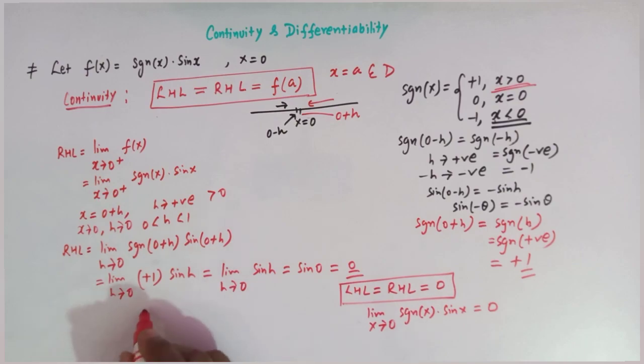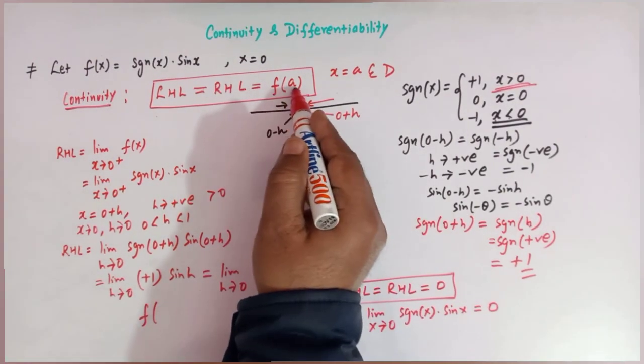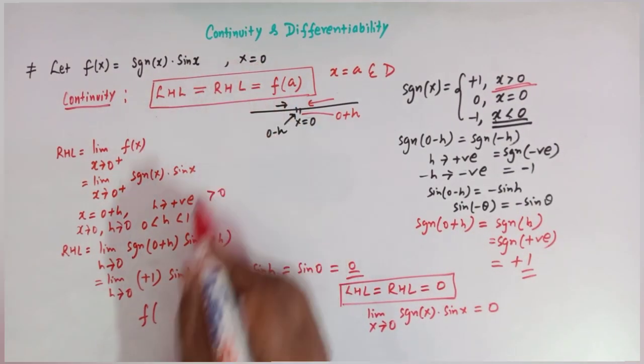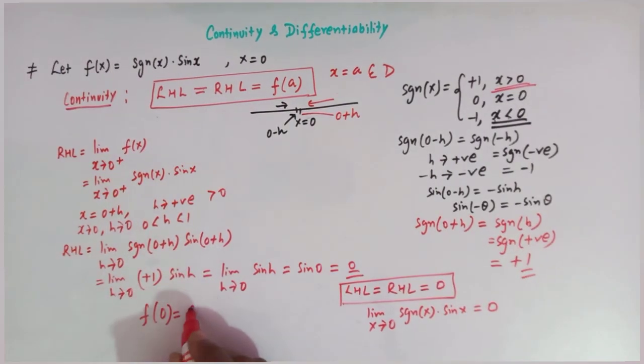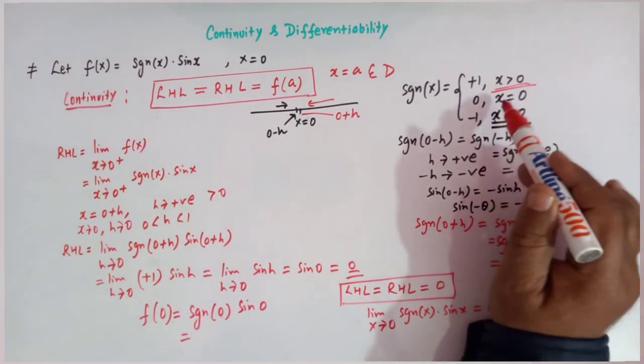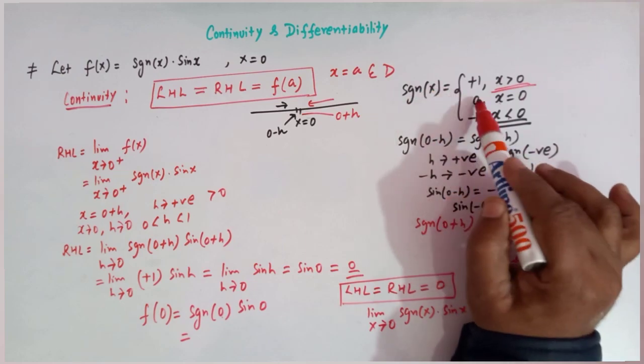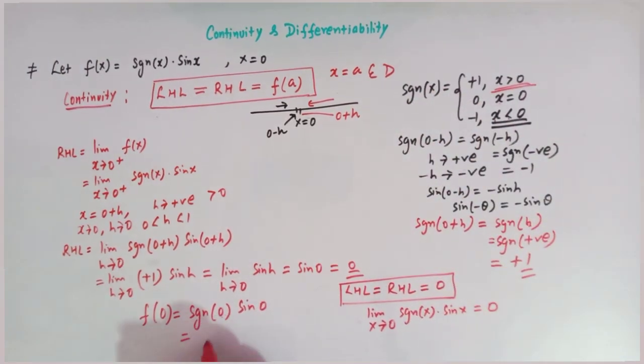Now let us find out the value of f of a. Here a is 0, so f of 0 is equal to signum of 0 times sine of 0. When x is 0, signum of x is 0. So signum of 0 is 0 and sine of 0 is 0.